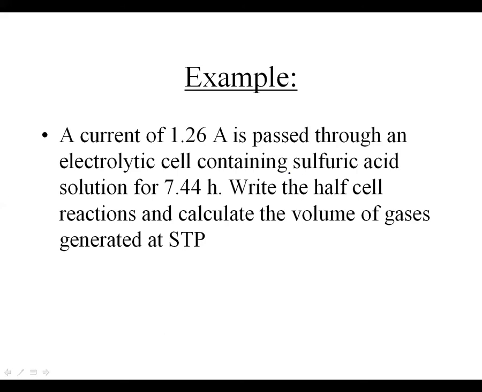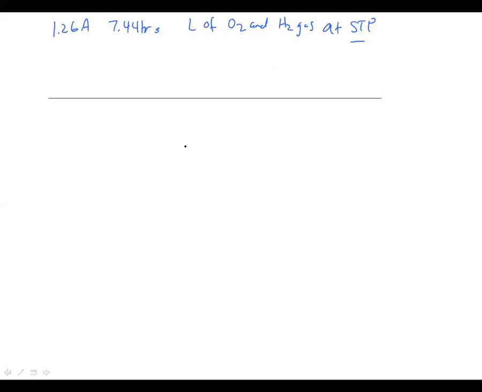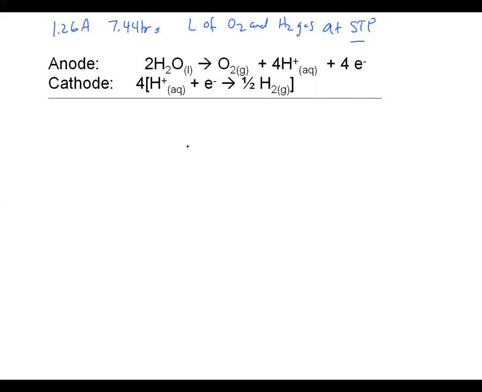The way you know that is it just mentions something about sulfuric acid. Sometimes in problems, especially with water electrolysis, they don't straight out tell you they're doing the electrolysis of water. But they typically will mention an acid like sulfuric acid, or they may even say acidic water. So that's how you know it.